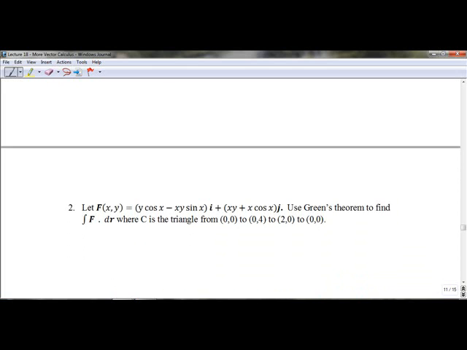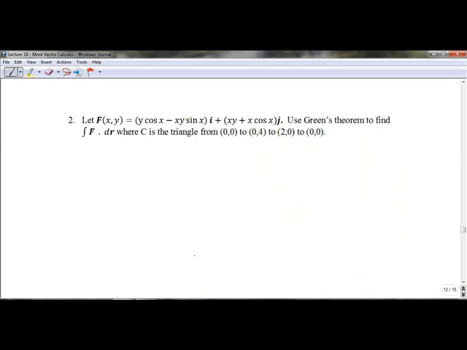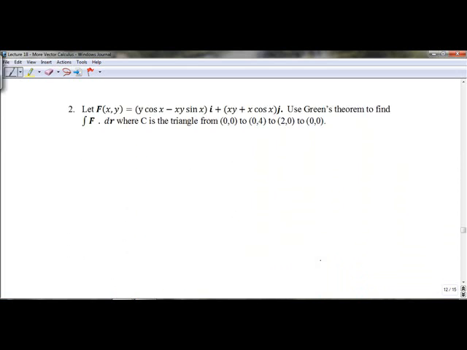Next one. Put down Green's theorem again here. Put your little C below here for me. The line integral of F dot dr is the double integral over R of the partial of Q with respect to x minus the partial of P with respect to y dA.